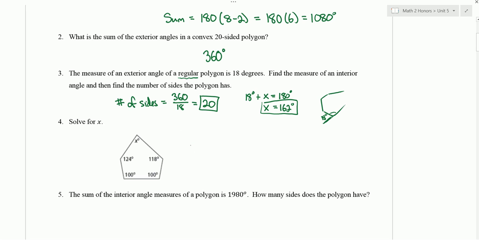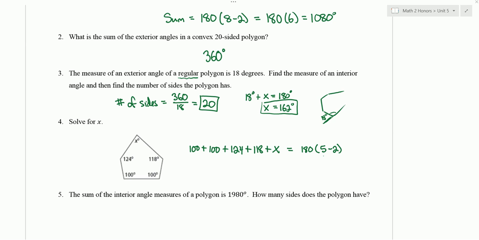So if we add them all up, 100 plus 100 plus 124 plus 118 plus x, it should equal the sum of the interior angles of a 5-sided polygon, which is 180 times the number of sides minus 2. So we have an equation here in which we can solve for x.